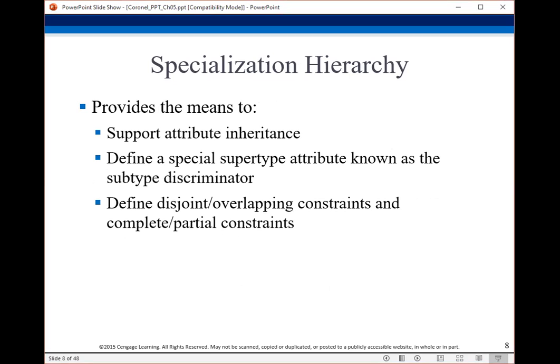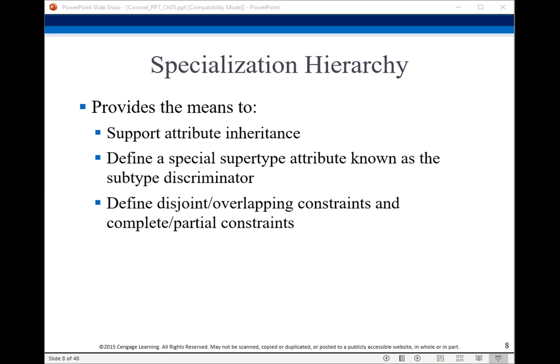So this hierarchy provides an ability to support attribute inheritance and define supertype attributes, and we can then have disjoint or overlapping constraints. But let's take a look at how we would do something like this in Microsoft SQL Server.